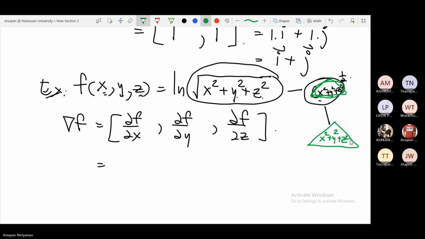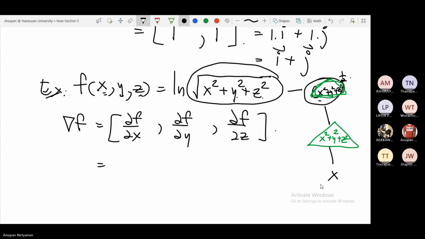And finally, these two are constant, right? So we are taking derivative with respect to x. So this triangle thing here is a function of x. So it depends on x now.